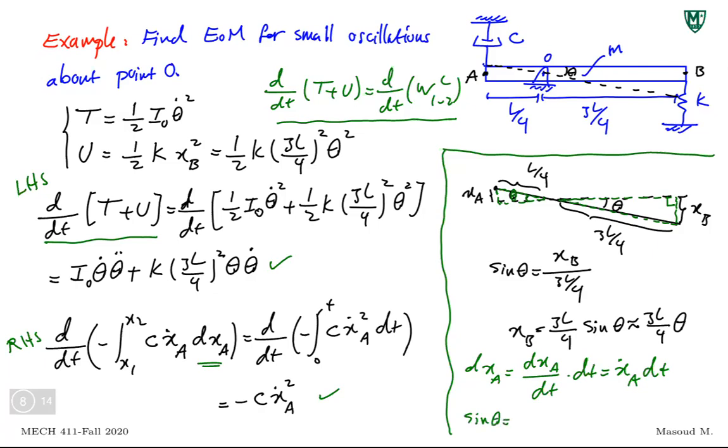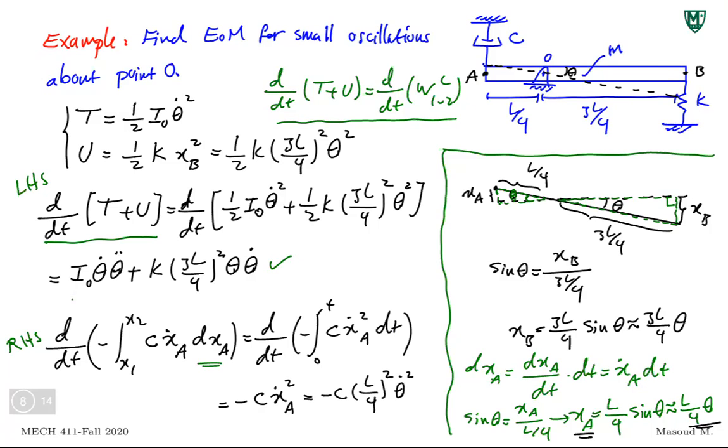Sine theta is equal to xA over L over 4. So xA is L over 4 sine theta. For a linear system, L over 4 theta, or linear motion. Now we are looking for x dot, so we just take the derivative of both sides. If xA is equal to L over 4 theta, x dot A is L over 4 theta dot. This is squared, so I'll do it this way.